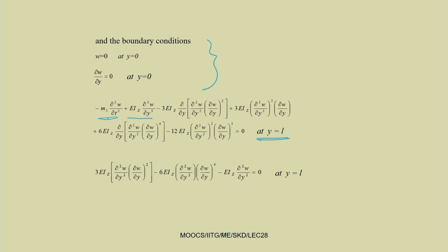At the free end, either the bending moment or the shear force will be equal to 0. These are combinations of different things. For example, w is the deflection, del w by del s equal to w dash is the slope, and del square w by del s square equal to w double dash.